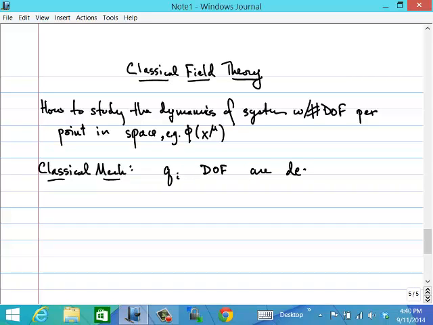Then the way that we describe their motion is by defining an action, which is the integral of some Lagrangian that is some function of the degree of freedom q along with its time derivative.